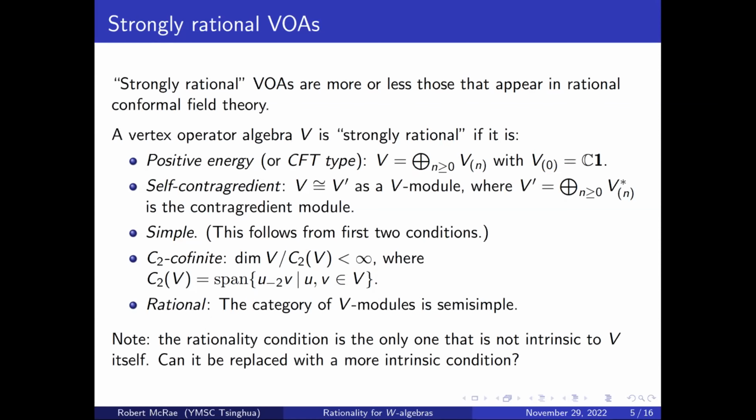So it's natural to ask whether this condition could be replaced with something more intrinsic. That's one of the problems with proving rationality: you may not be able to prove that a VOA is rational until you understand enough about its representation category. But if you can replace this with an intrinsic condition, then you just have to understand V itself well enough.